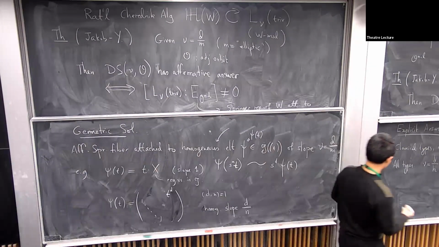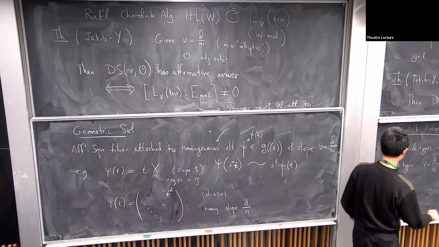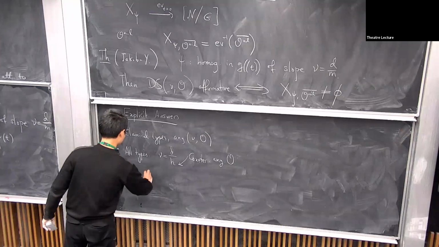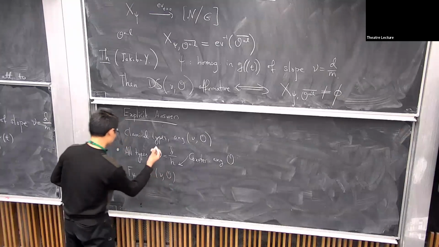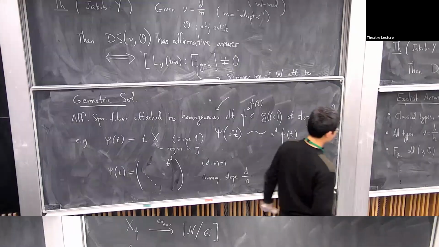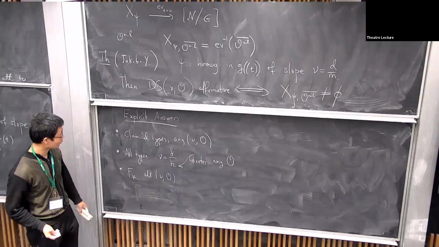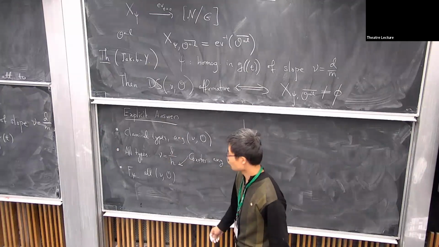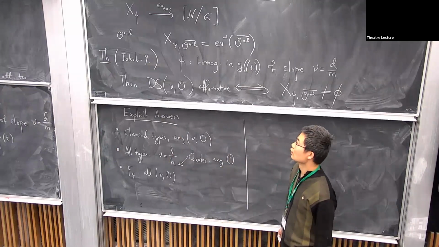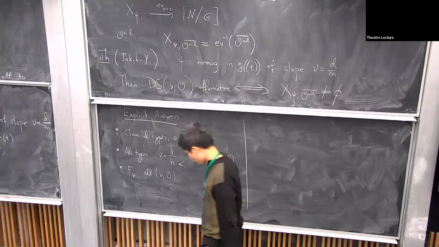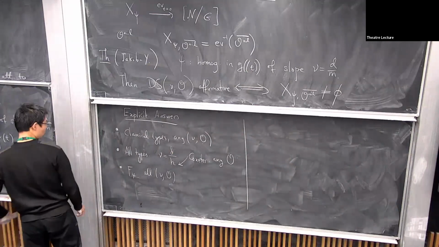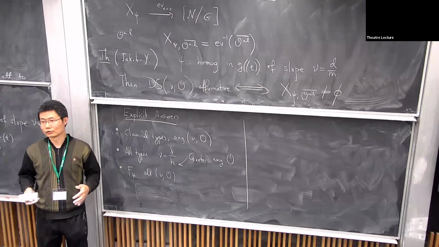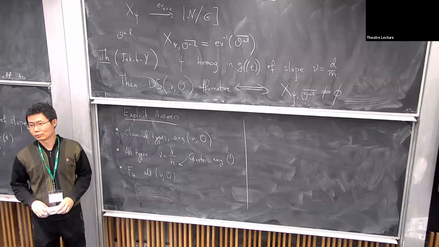We did it for F4, just to illustrate that this is an effective way of computing things. For F4 we did not use computers, but we used some existing tables, which may already depend on computers.